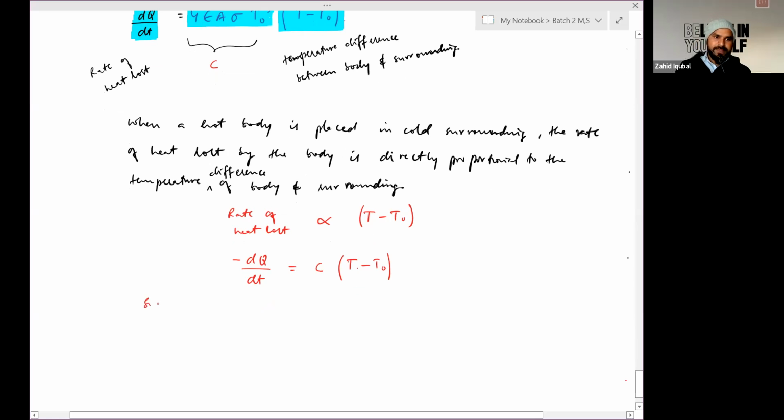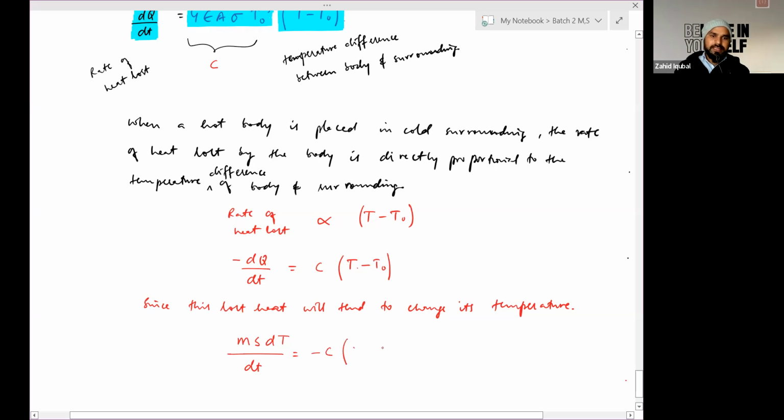So m s dT divided by dt equals minus C times (T minus T naught).